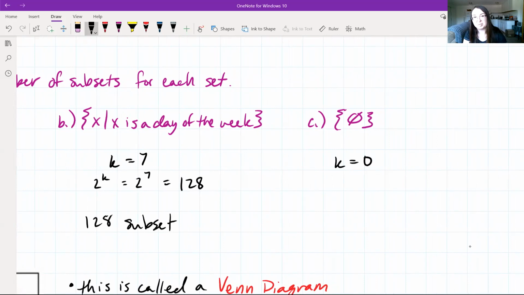So k would be 0. So then, since we know 2 to the k is equal to 2 to the 0 power, anything to the 0 power is just 1. So we know there's only one subset. And we know there's only one subset because since it's the empty set, and every set is a subset of itself, then itself can be its only subset. So one subset.